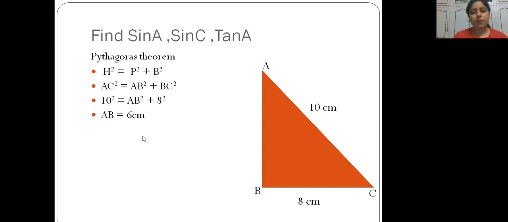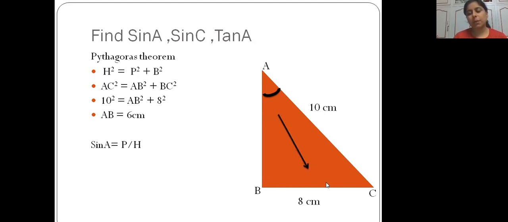Okay. Now I have to calculate the value of sin A. For sin A, I have to consider acute angle A. So the formula for sin A is perpendicular by hypotenuse. For this acute angle A, the perpendicular is opposite side of this acute angle A, that is BC.